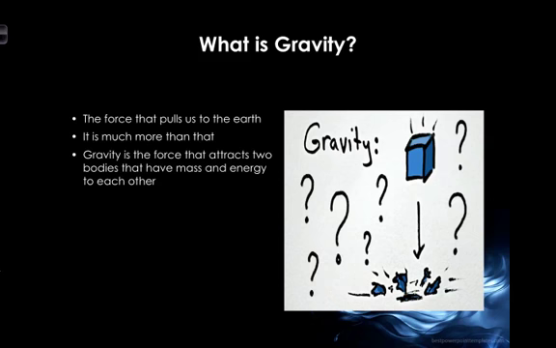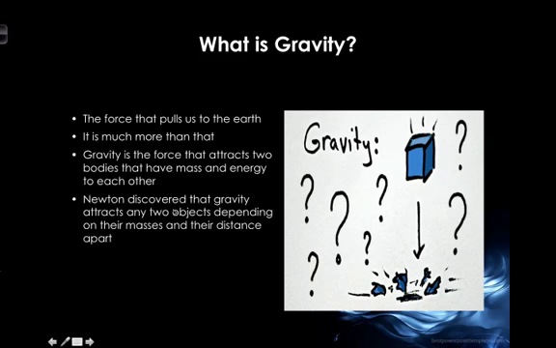It is actually a force that attracts any two objects together. So if you have two objects that have mass and energy, there's a force of gravity in between those objects. Newton said that this force of gravity will depend on their masses and also how far they are from each other.